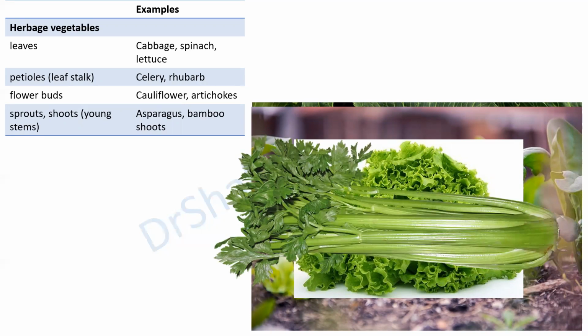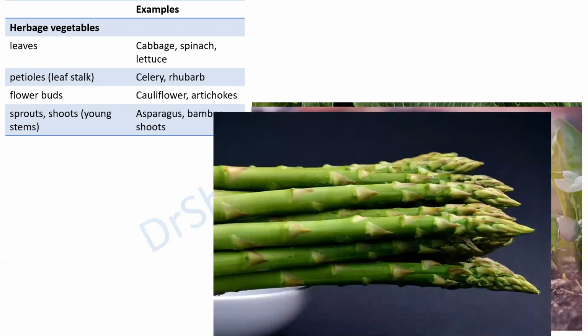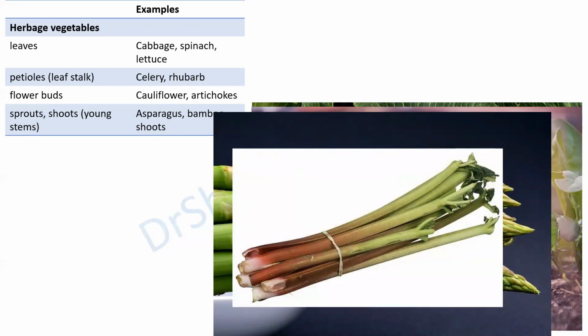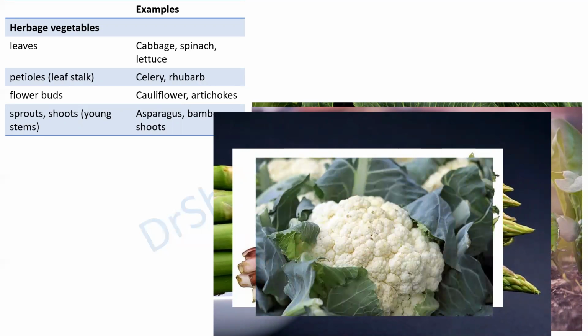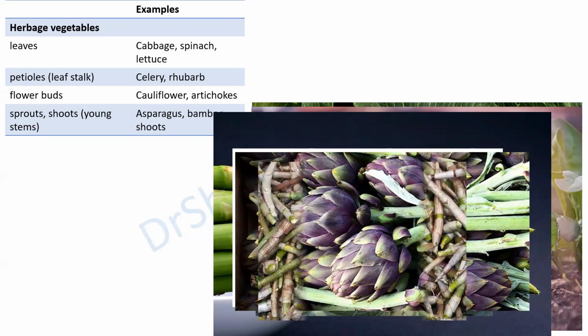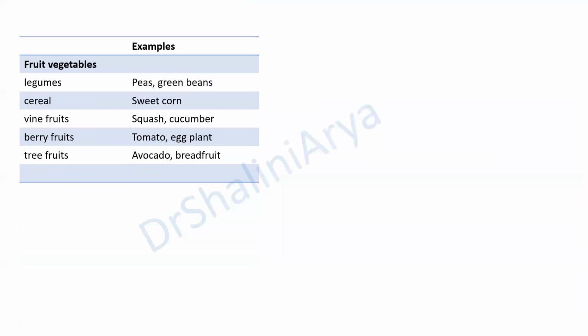The examples are celery and rhubarb, and there are flower buds too that are commonly consumed, and the examples are cauliflower and artichokes. Further, shoots and sprouts are also consumed, with very well-known examples of asparagus and bamboo shoots.